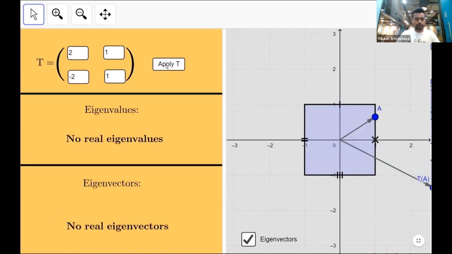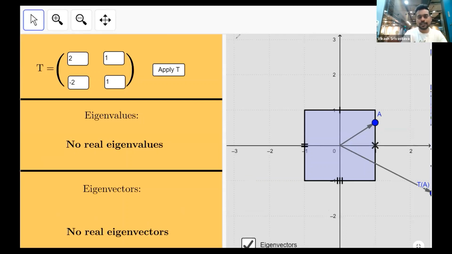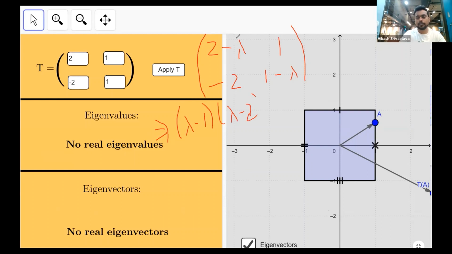I don't know, yeah, so for this particular matrix, for this particular transformation, what we'll have is 2 minus lambda, 1 minus 2, 1 minus lambda, and we'll equate the determinant of this to 0. So what we'll have, lambda minus 1, lambda minus 2 plus 2 is equal to 0.